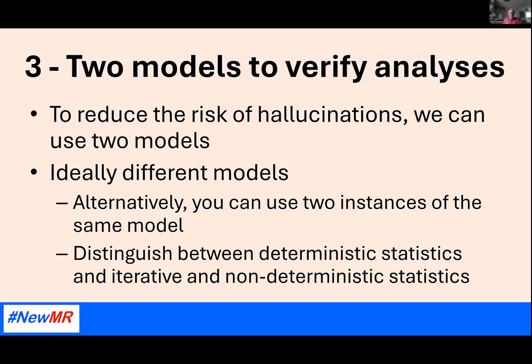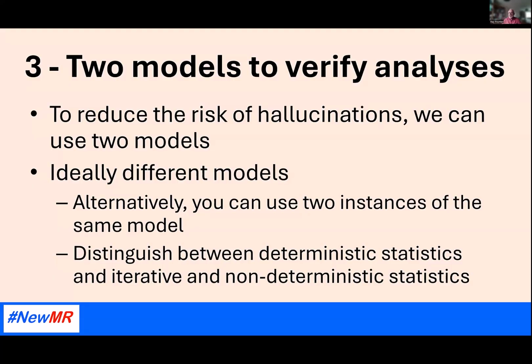But when we're checking our models, we need to be careful about the difference between deterministic statistics and iterative, non-deterministic statistics. If I ask an AI, what is 2 times 5? That's deterministic. It should say 10.